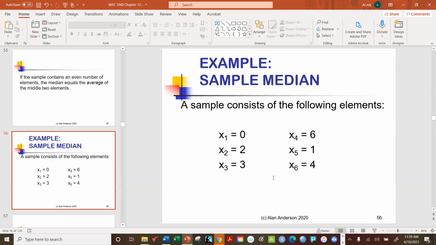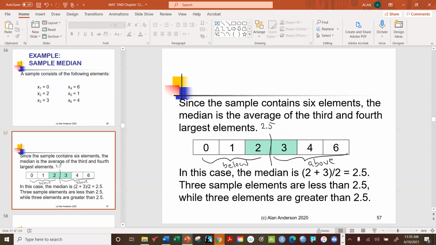All right, let's see what that looks like. Okay, 0, 1, 2, 3, 4, and 6 is our sorted data.